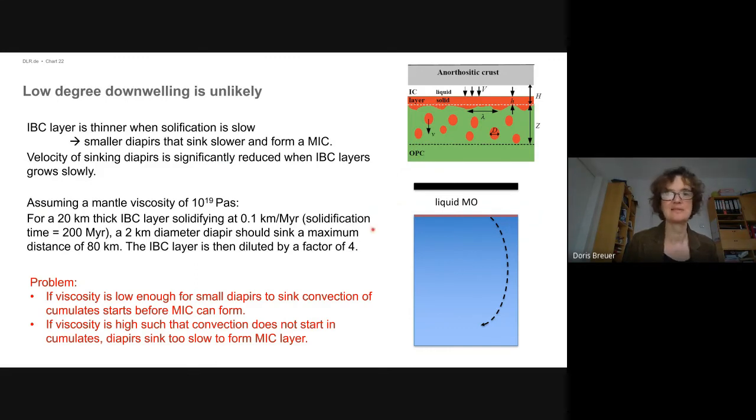The problem is that the diapirs will not sink. They will sink much too slowly, so there will be no formation of this so-called MIC layer. So the conclusion is that a low degree downwelling is highly unlikely, because you never have the situation to form this layer unless it is mixed due to convection of the cumulate layer directly. So there is no way of getting a low degree downwelling.